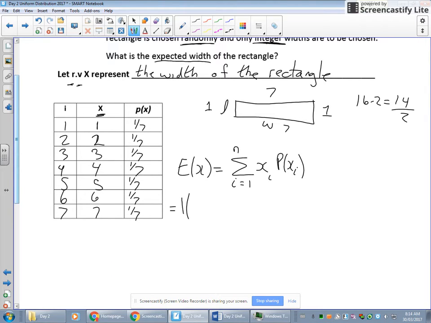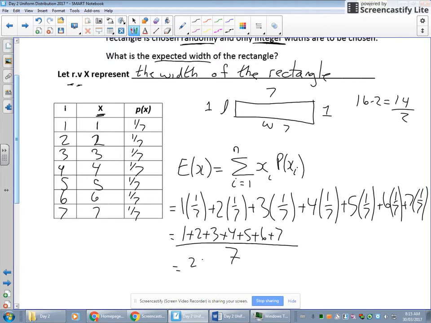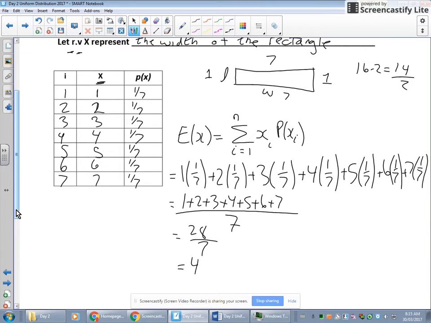I've got a 1, which has a probability of 1 in 7, with a 2, which has a probability of 1 in 7, with a 3, with a probability of 1 in 7, with a 4, with 1 in 7, with a 5, with 1 in 7, with a 6, with 1 in 7, and a width of 7 has a 1 in 7 probability. We can sum these to be 1 plus 2 plus 3 plus 4 plus 5 plus 6 plus 7 all over our value of 7. We do that, that gives us 28 over 7, or an expected value of 4.